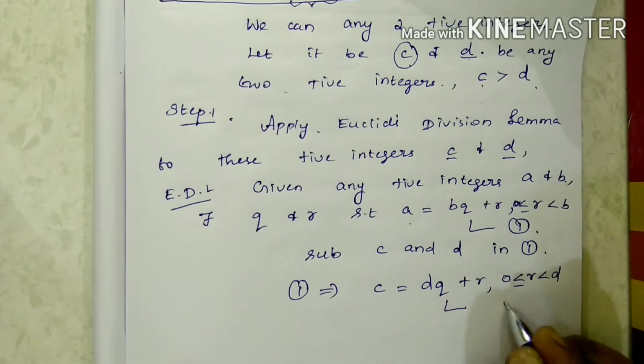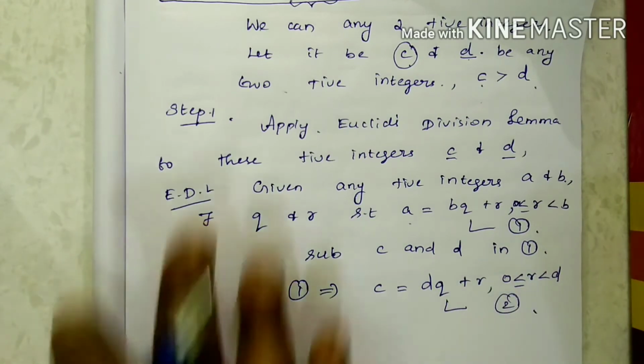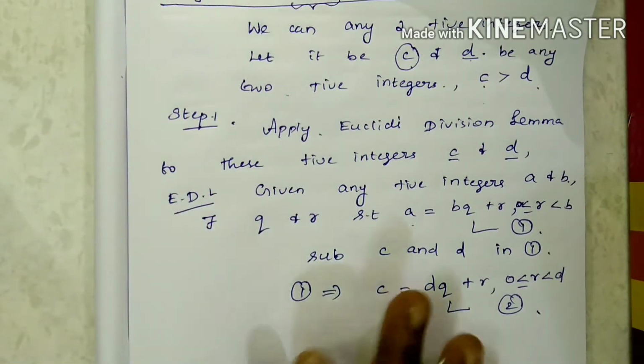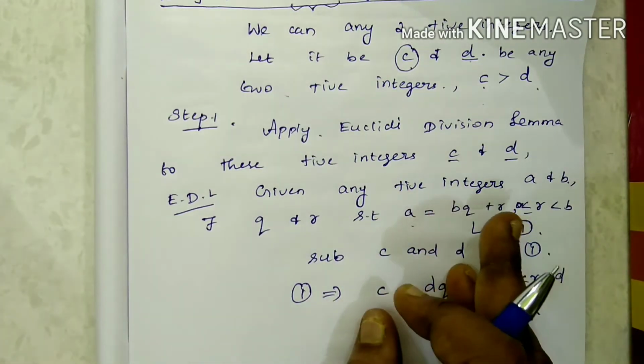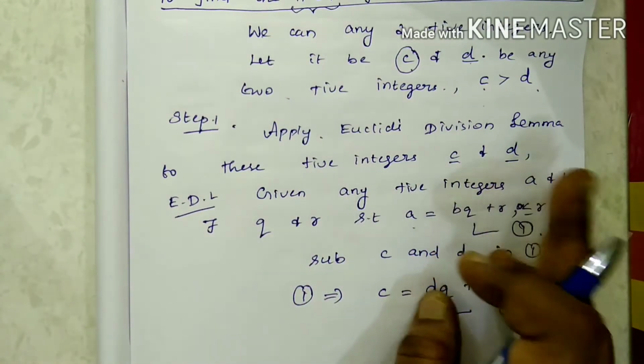So keep this as equation 2. This is the step 1 process. We are only applying Euclid's division lemma to our given integers C and D.